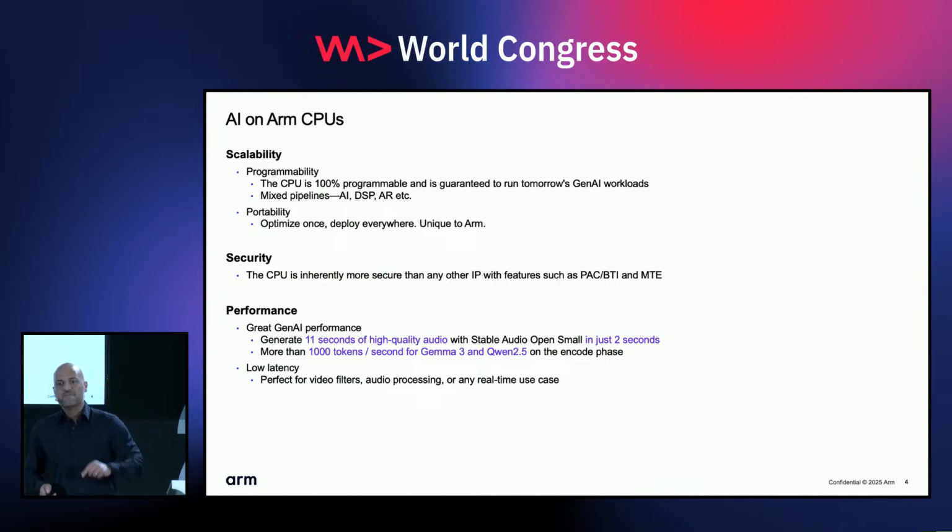For Arm, it's different: optimize once and deploy everywhere. And in 10 years, this is not a marketing statement. This is an engineering statement, because this is what I have seen working at Arm. The optimizations that we deploy for mobile phones could scale also to the cloud, on the Arm CPU. This is very unique to Arm.